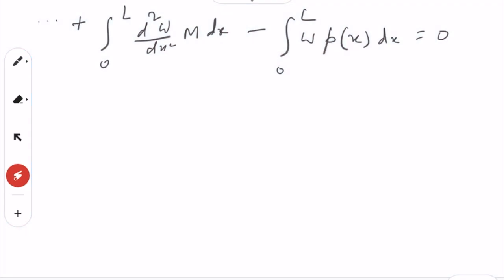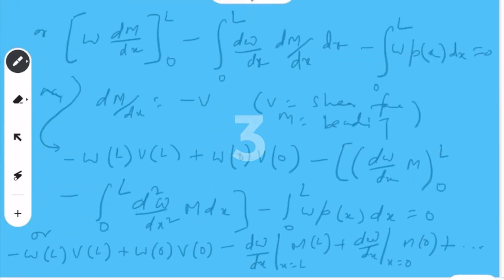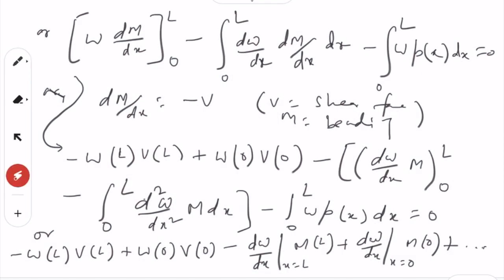And here what we have is this, and now we can put the value of what we know. We know that m equal to EI d square uy over dx square, and hence we will get the whole picture. What will we get? So, we can write everything from here to here, and what is that?